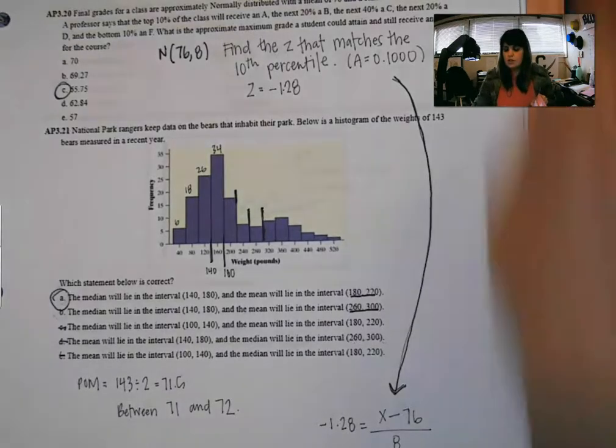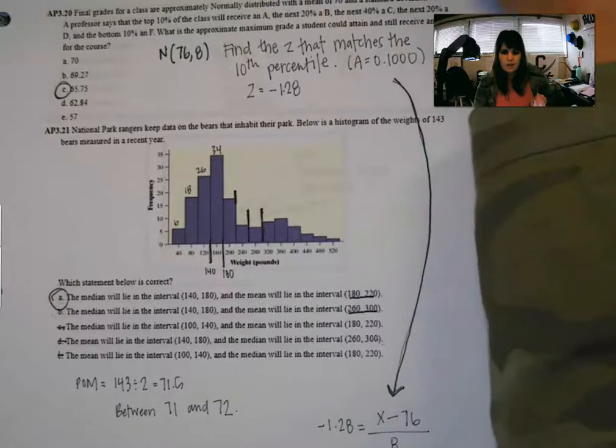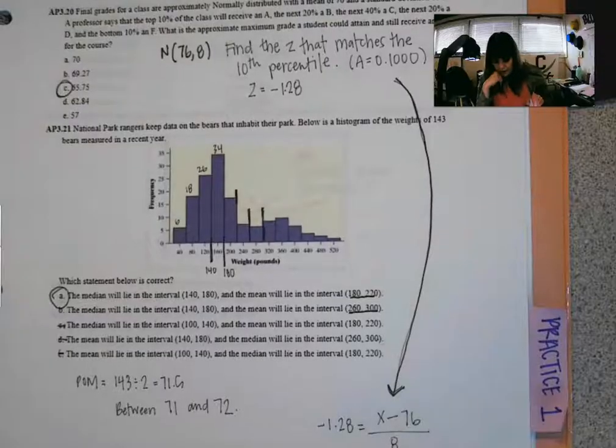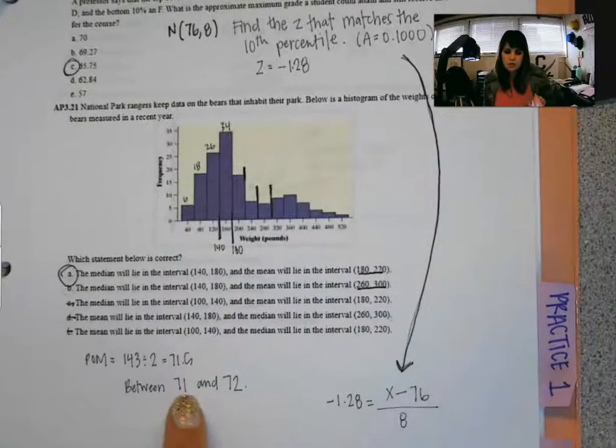This one I think I struggled with, so I'm going to pause for just a second to see if I can figure out what I did. Okay, I remember now. So down here I found the position of the median, and found that the median is, wait a minute.